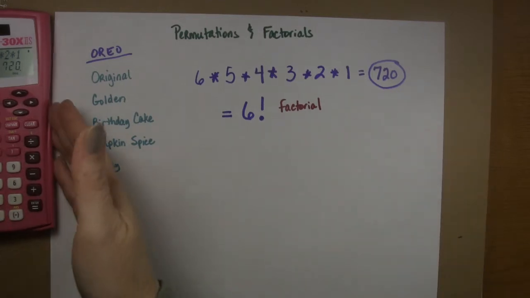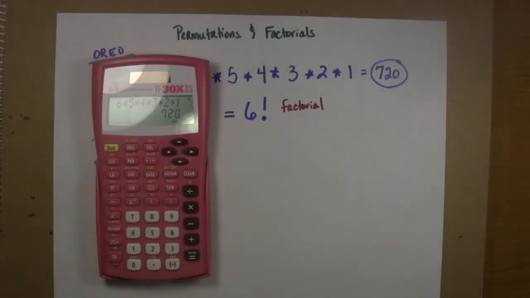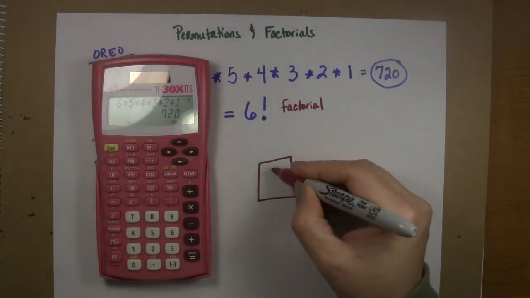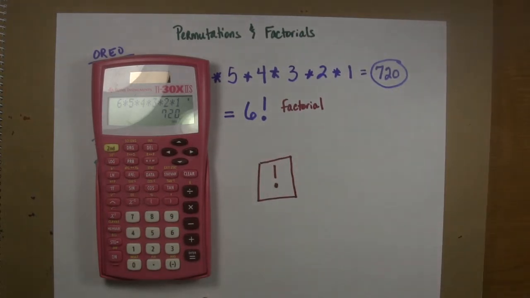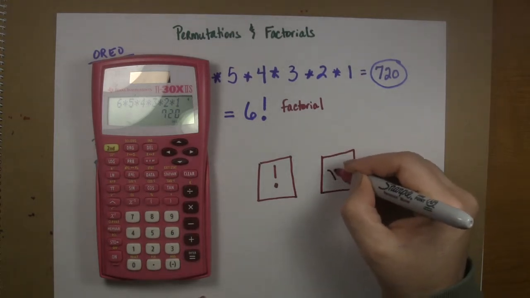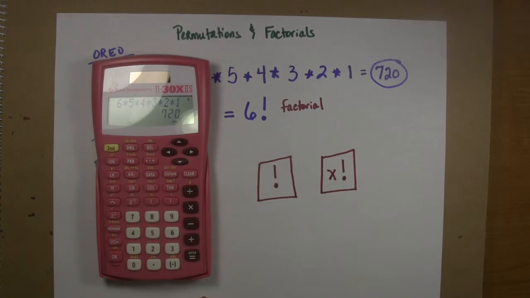Now, those of you who have your calculators handy should take a look at them. Some calculators have an actual button that is either just an exclamation point, or it's an X with an exclamation point, and that is your factorial button. This is what it's for.